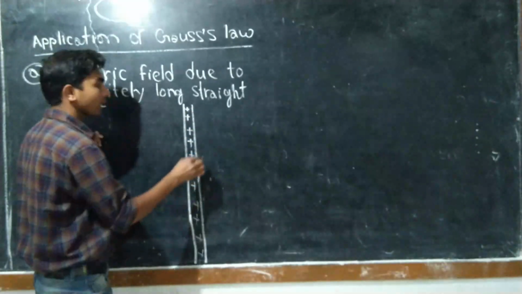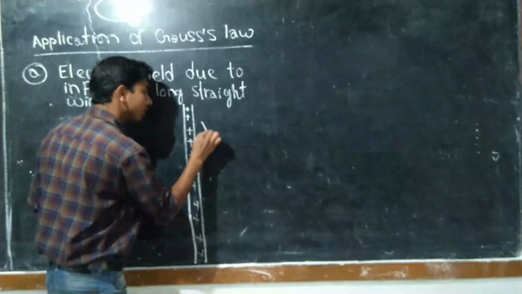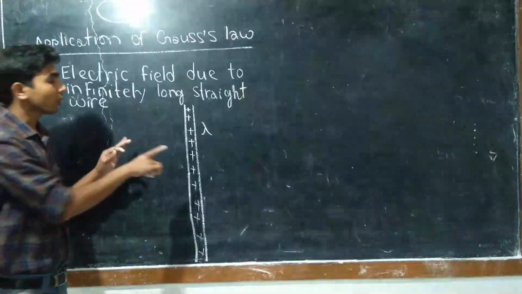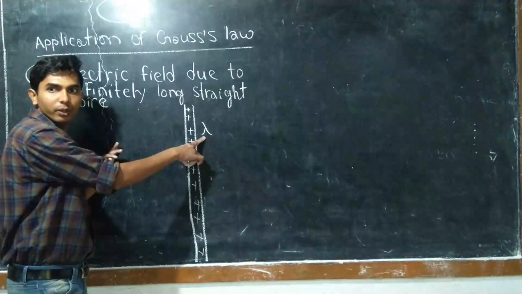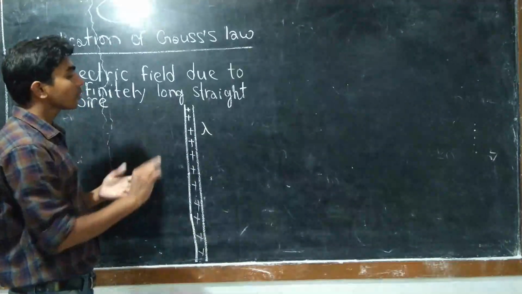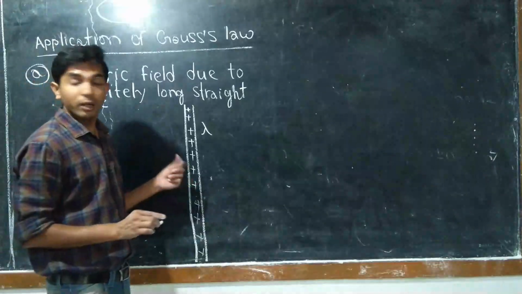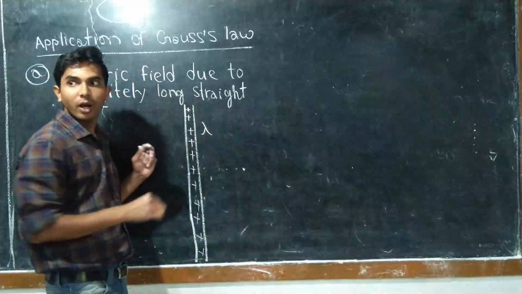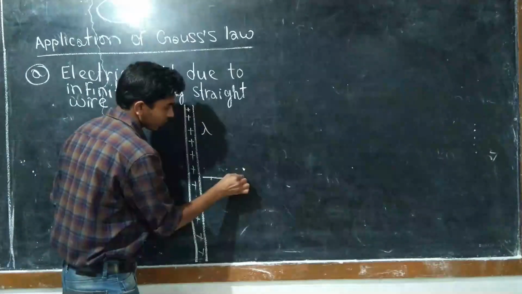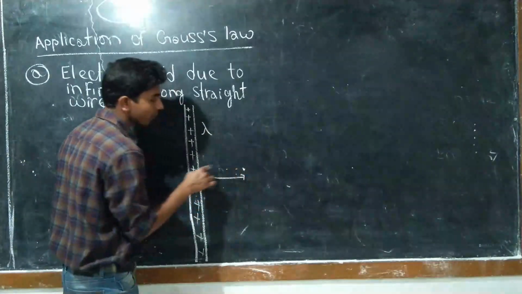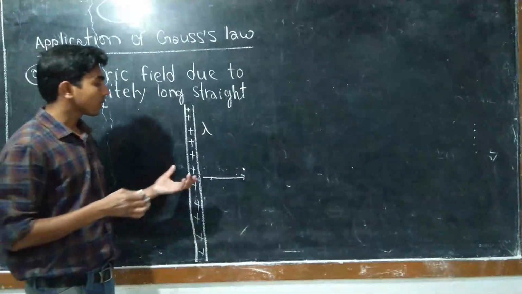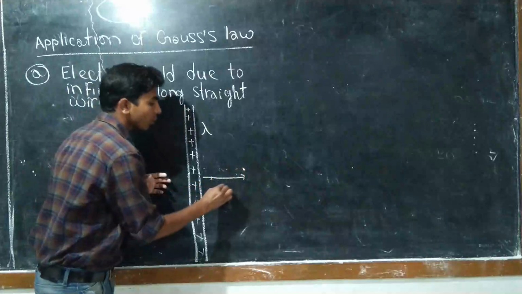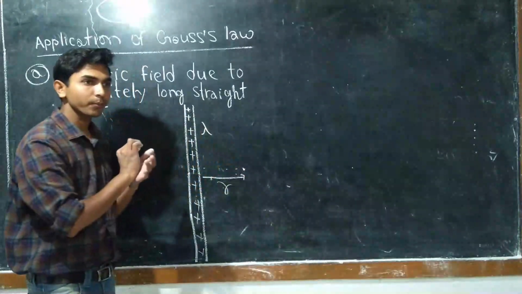Here charge is distributed over the length, so linear charge density is lambda. And we are going to calculate the value of electric field at a distance r from this wire, right?